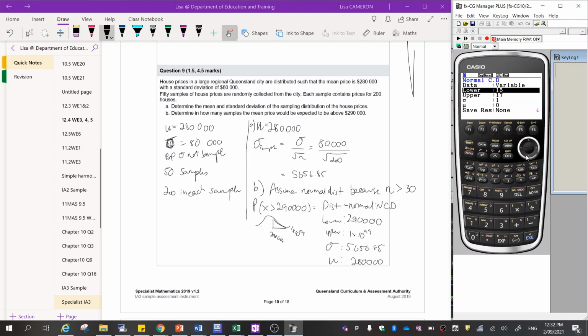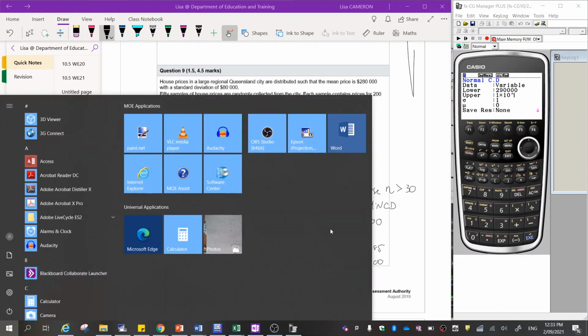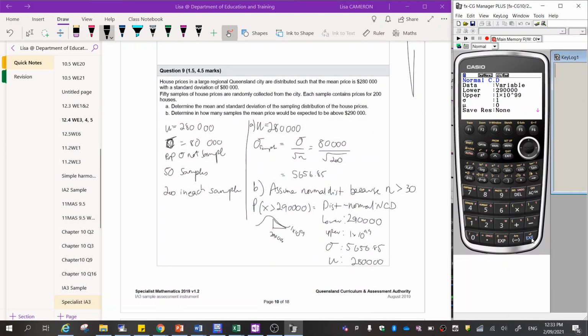Okay, the lower for this one is going to be 290,000. The upper is going to be 1 times 10 to the power of 99, execute. Our standard deviation is 5656.85, execute, and our mean is the mean that we were originally given, execute.